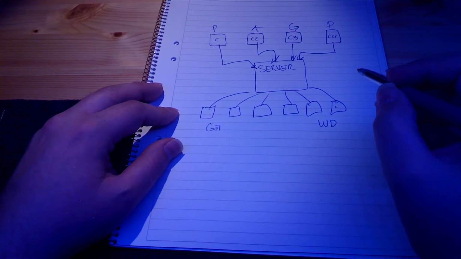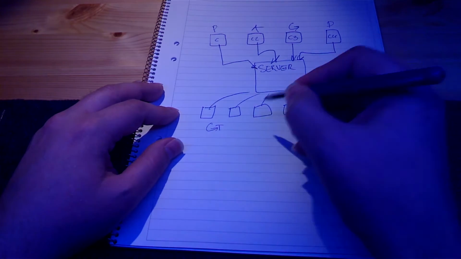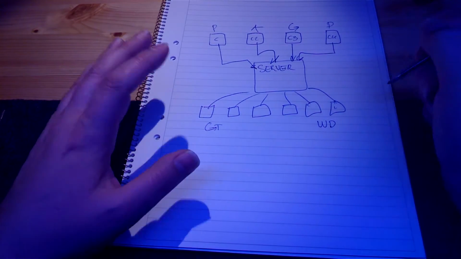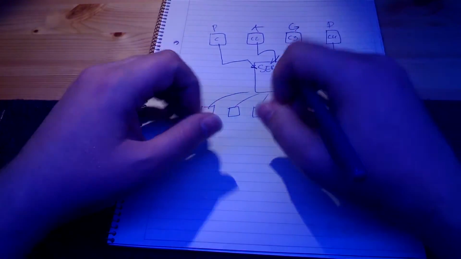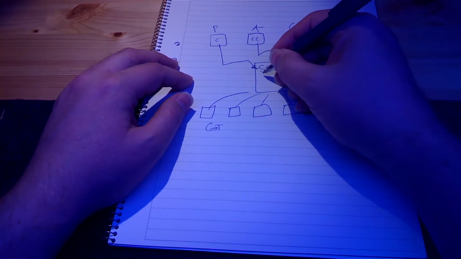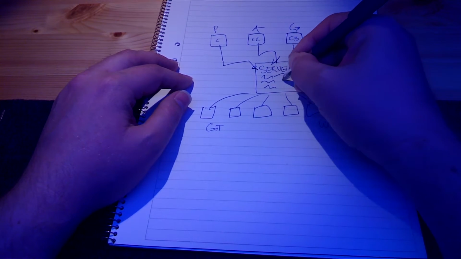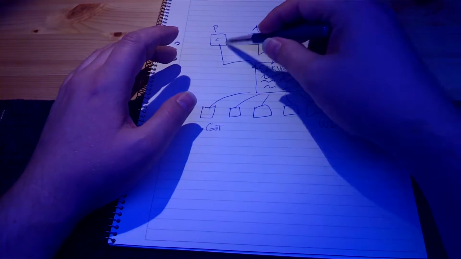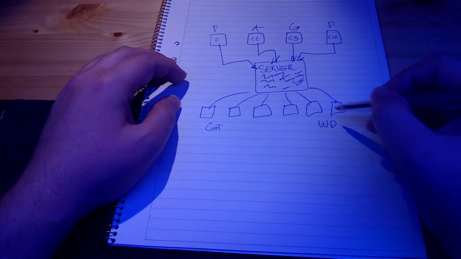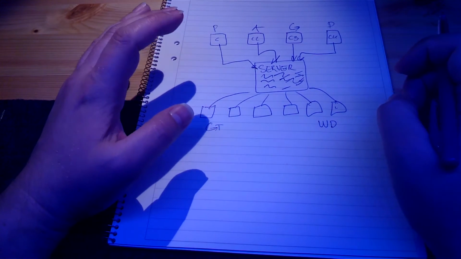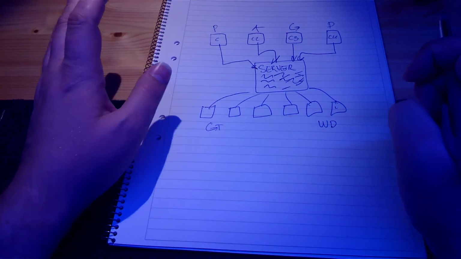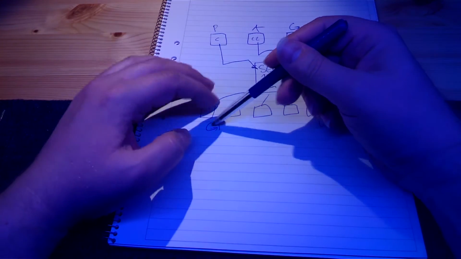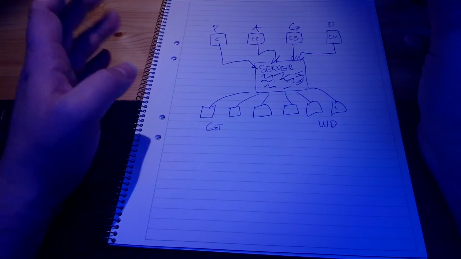Everyone was sending files in here, and when the client wanted a file, the web developer didn't know where the files were, and the graphician and the GT team didn't know anything.